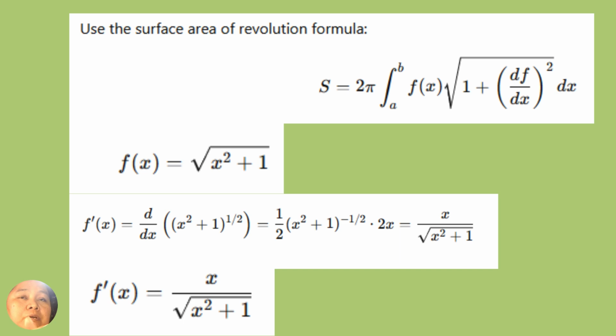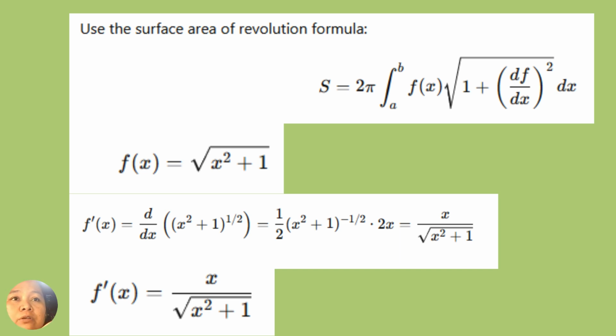Why 1 half? Because of the square root sign, so we convert this into a fractional exponent. To find the derivative, 1 half will be our constant. We bring down the 1 half, then x squared plus 1. 1 half minus 1 is equivalent to negative 1 half, so that will be our exponent.